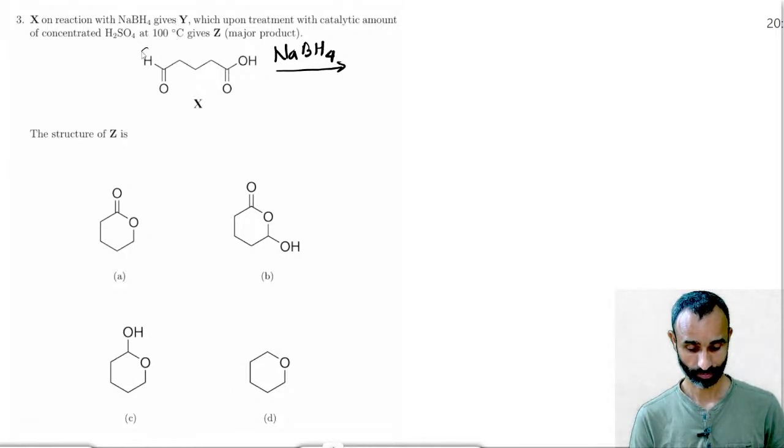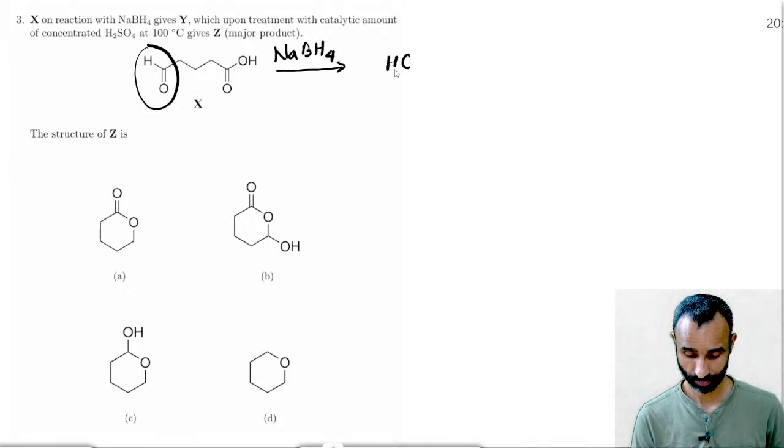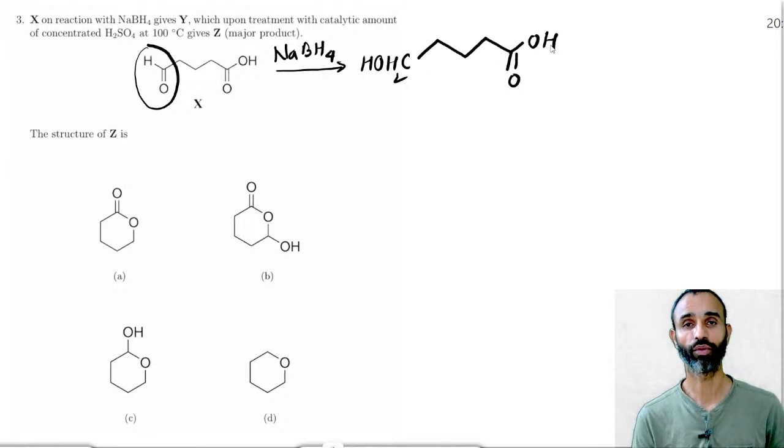This group will be reduced to OH. It becomes CH2OH. This carboxylic group remains as such.